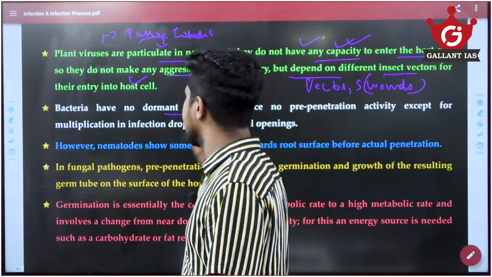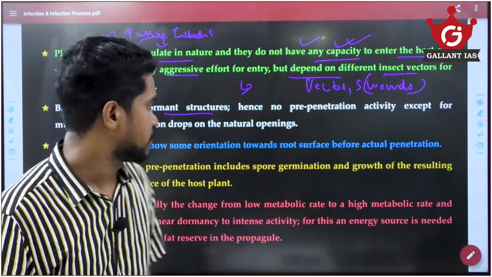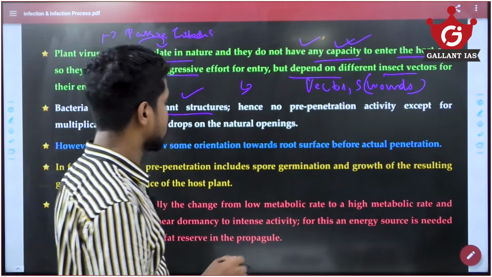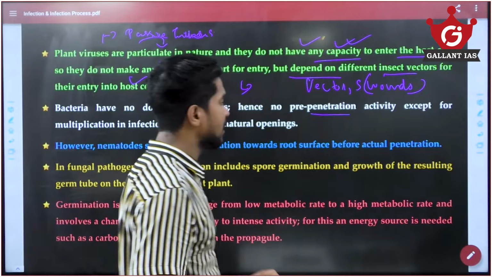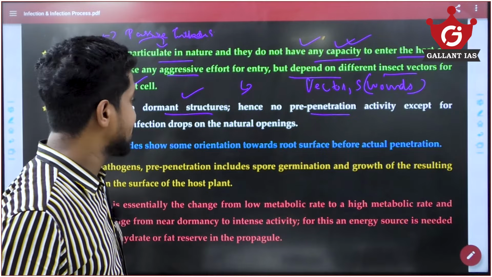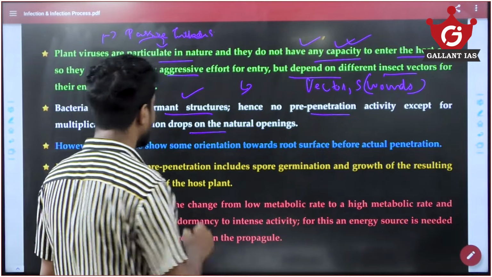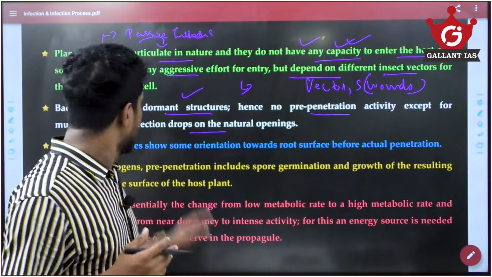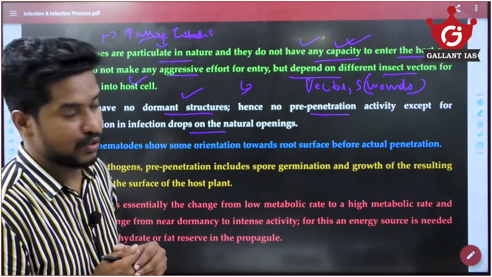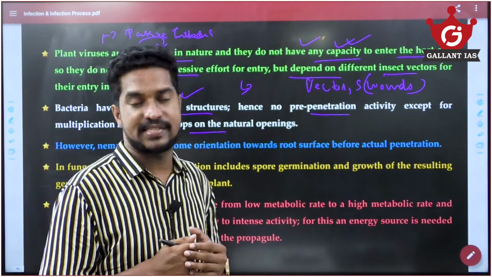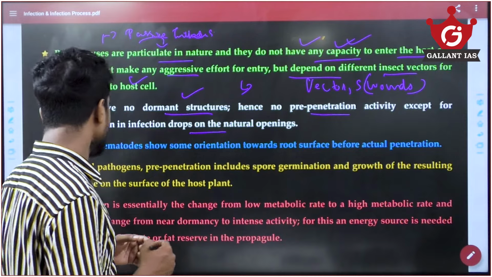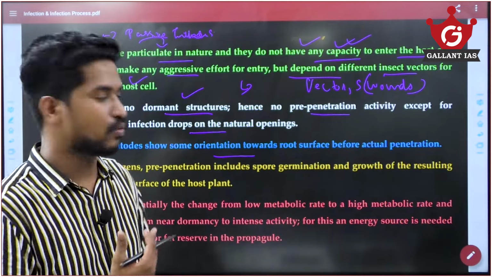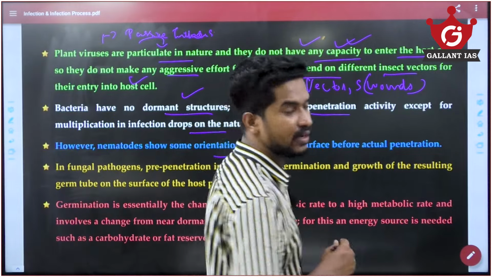Bacteria have no dormant structures, hence no pre-penetration activity, except for multiplication in infection drops on natural openings. However, nematodes show some orientation towards the root surface before actual penetration.